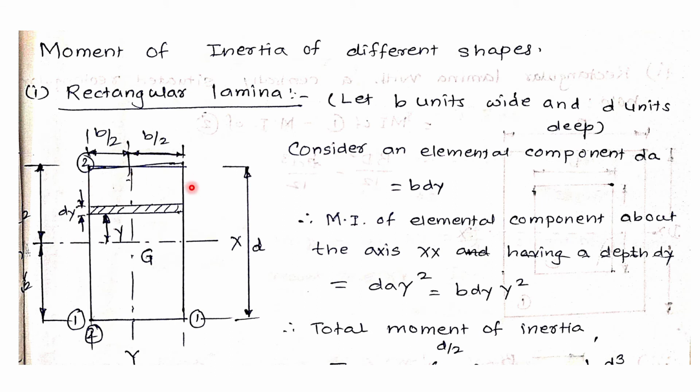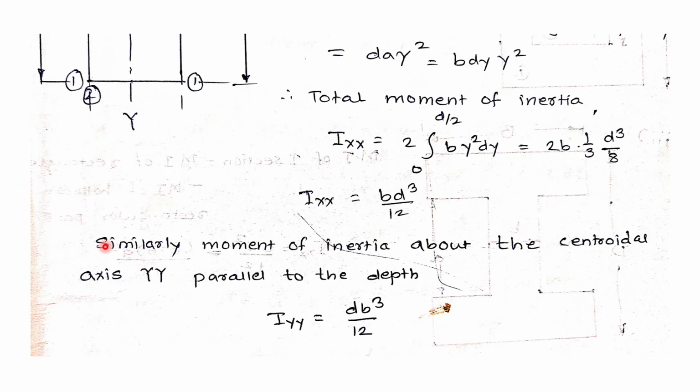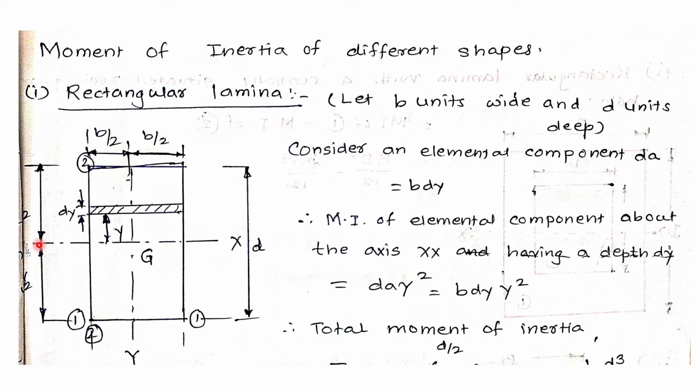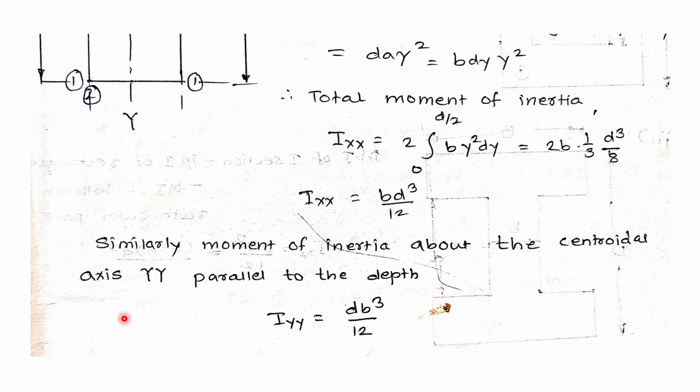For calculating the total, we have to integrate over the limits. So the total moment of inertia is between the limits 0 to d by 2. Since the shape is symmetrical about the axis, dear students, we take the limits from 0 to d by 2 and then take the double of that to find the complete moment of inertia.